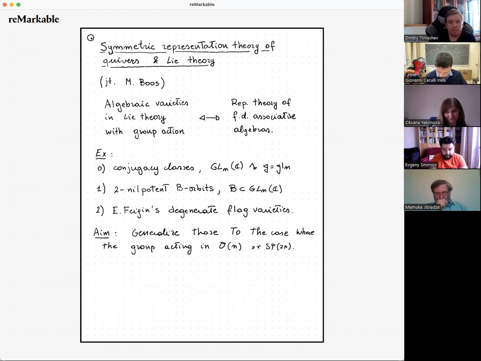It turns out that to do so, there is a tool which is algebras with self-duality.